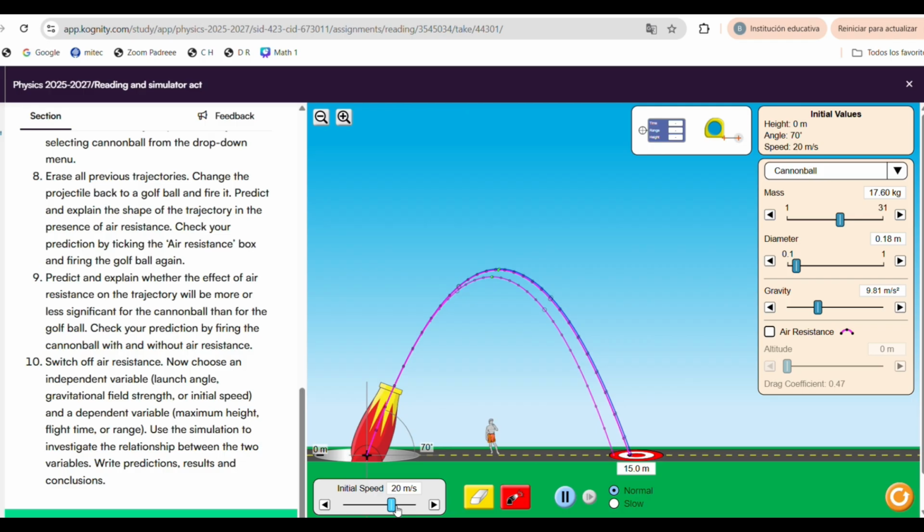Also, we learned that air resistance makes our shots go lower, and that the more surface and less mass an object has, the more it will be affected by air resistance. But as long as there is no air resistance, every object shot at the same angle and with the same initial velocity will have the same trajectory.